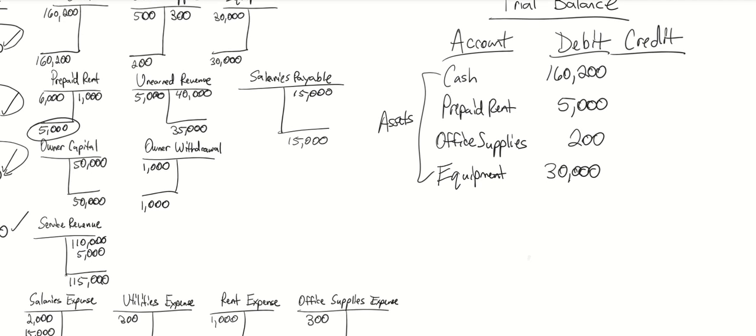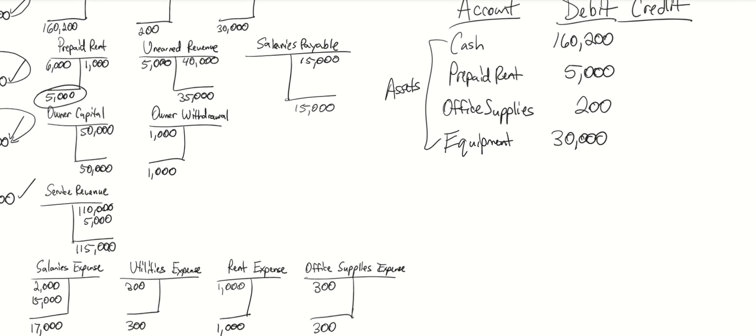Next we have liability accounts. I'm going to put in unearned revenue. It has a balance of $35,000 as a credit balance. Then salaries payable. Salaries payable has a credit balance of $15,000.